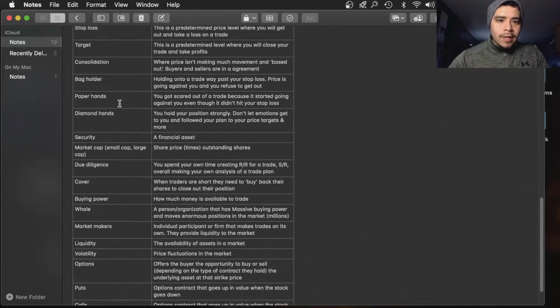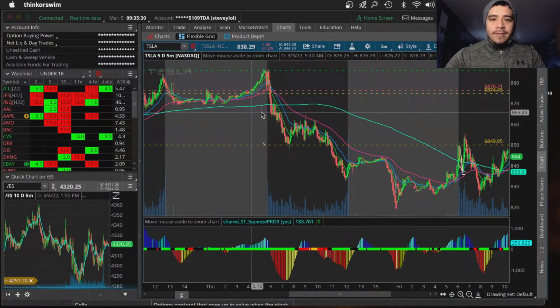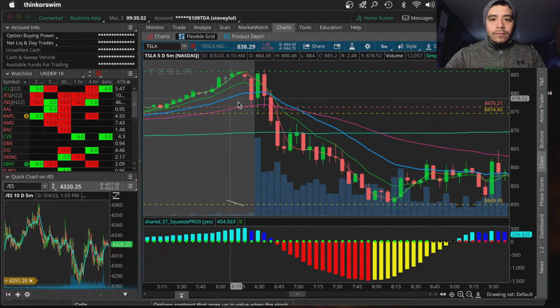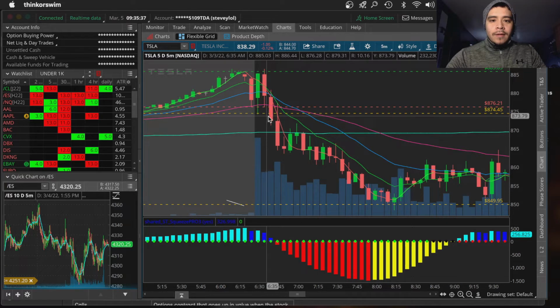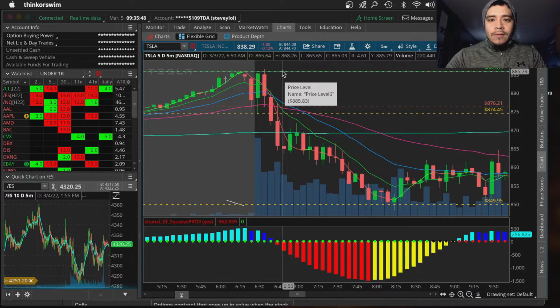Paper hands: you got scared out of a trade because it started going against you even though it didn't hit your stop loss. So paper handing, let's say right here, we wanted to get in the trade below this line here, and with this candle, once this trade went right here, you got out of the trade, but your stop loss was right here.